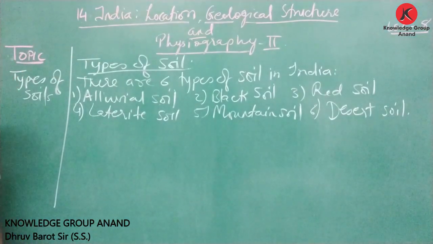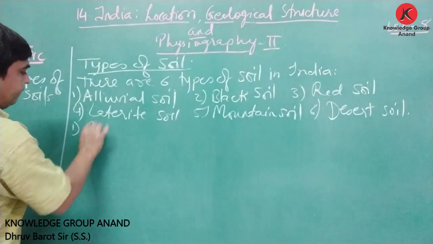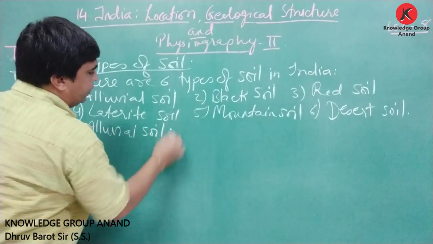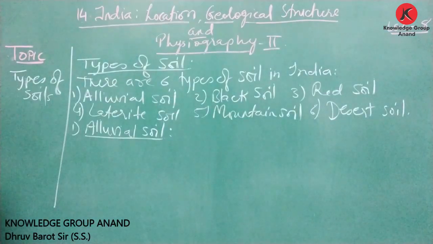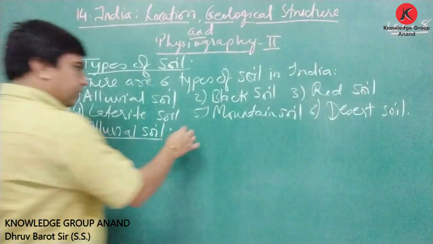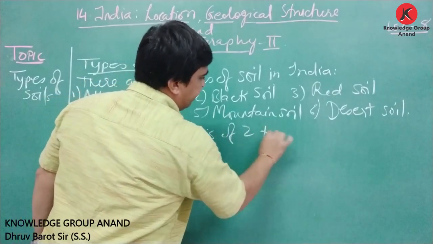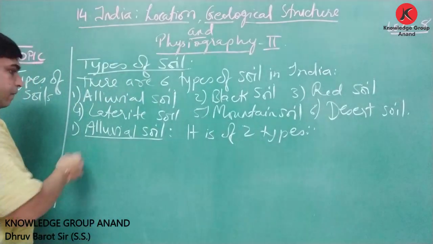Friends, let us start understanding from the first one, that is alluvial soil. Friends, when we talk about alluvial soil, it is of 2 types. Alluvial soil is of 2 types.